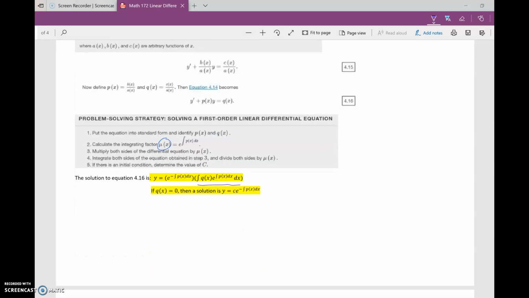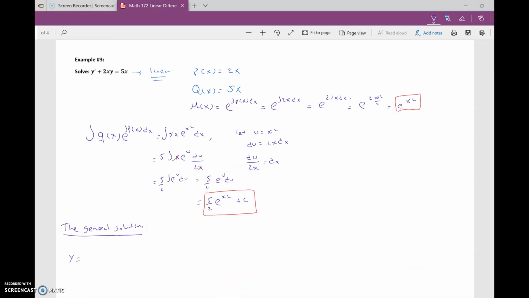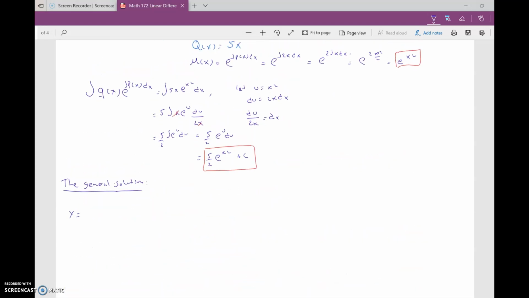So we're going to need the integrating factor. This is the mu of x that we calculated, but with a negative x. So we're going to rewrite it as mu, it was e to the x squared, so e to the negative x squared times, actually let me write the whole formula.